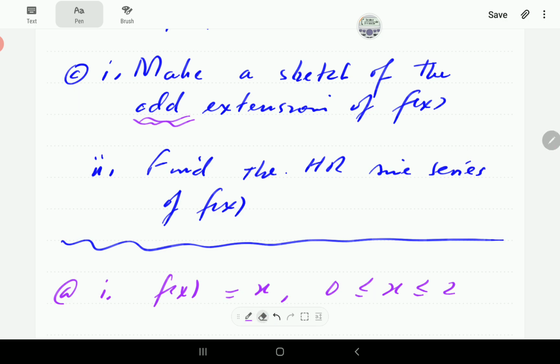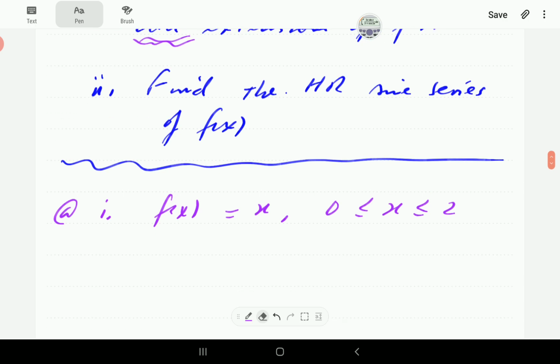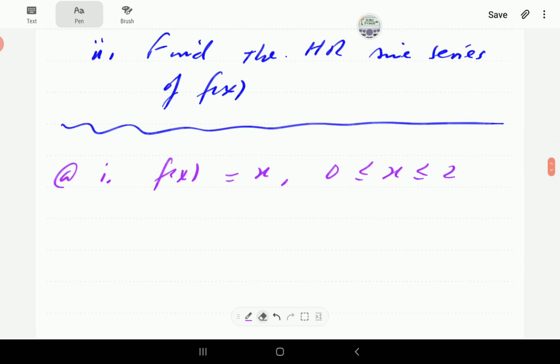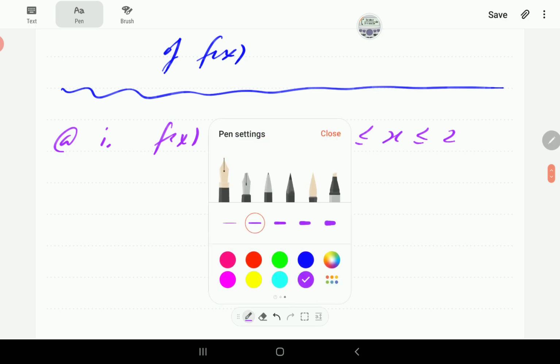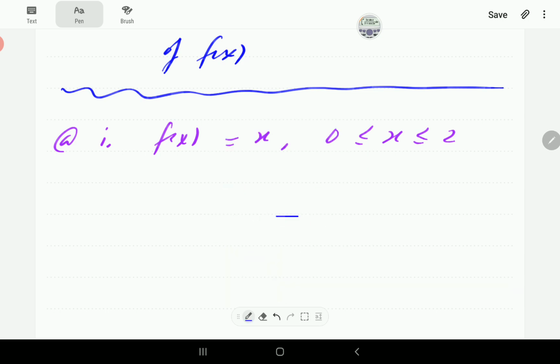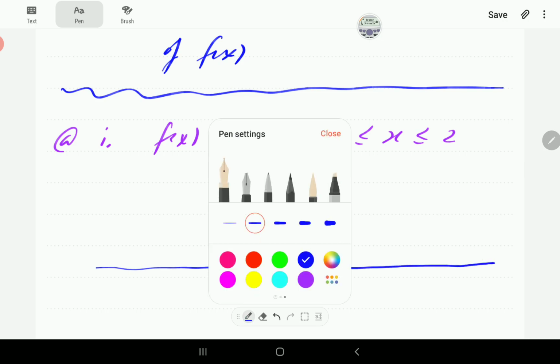So let's get going. In the previous video we mentioned that if the question says just Fourier series, for full range Fourier series, then the given interval is always taken to be the full range. So this function is defined between 0 and 2.